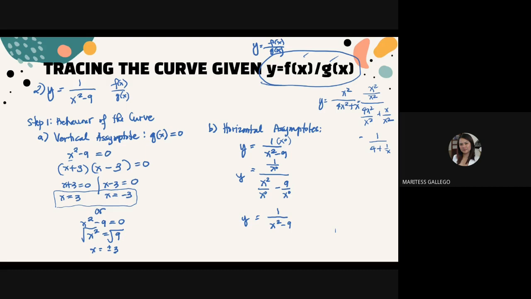And then after that, what you do is you assume now a very large value of x. If x is a very large number, i-raise mo siya sa 2, i-minus mo sa 9, very large number pa rin yan. Okay? And 1 divided by a very large number, it will actually approximate to 0.